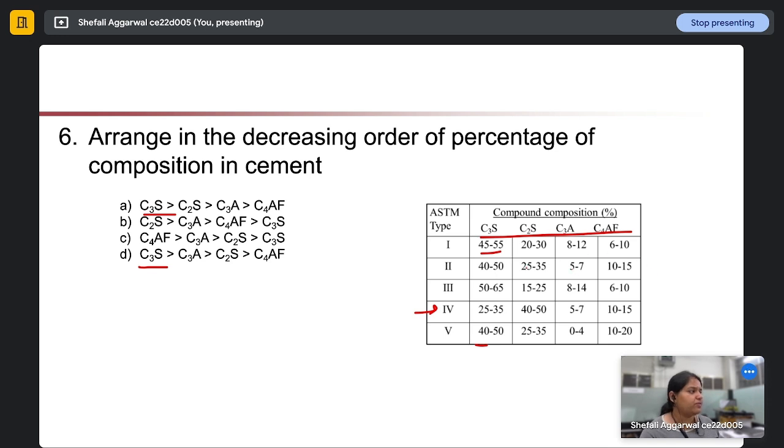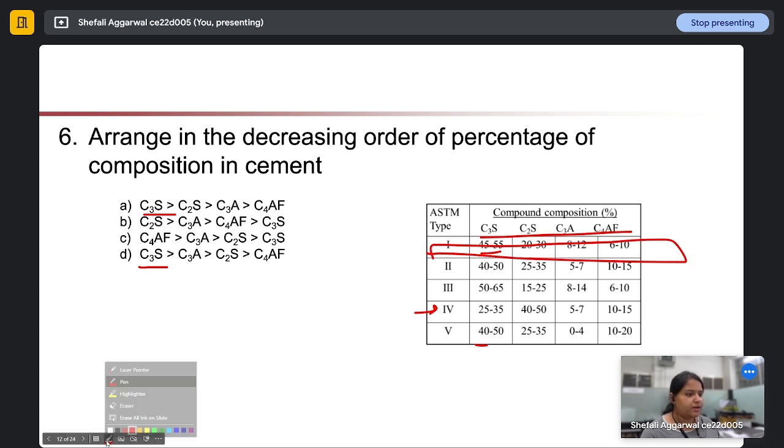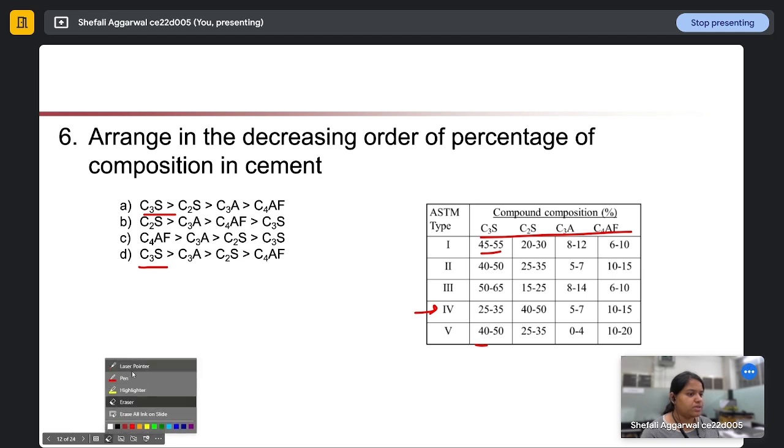If we talk about normal cement, which is type 1 cement, we have a high percentage of C3S, then C2S, then C3A, and then C4AF. Right? So answer is A.